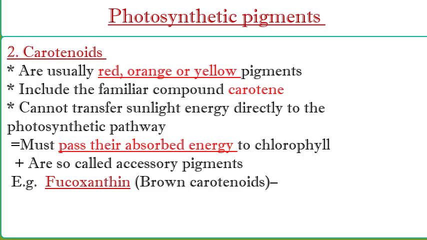Carotenoids cannot transfer sunlight energy directly to the photosynthetic pathway, but absorb and pass their absorbed energy to chlorophyll molecules, mostly chlorophyll A. Carotenoids are so-called accessory pigments. One very visible accessory pigment is fucoxanthin, or brown carotenoids. That is a brown pigment, which makes brown algae look brown, as well as diatoms.